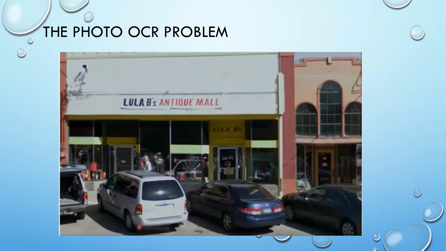So let's talk about the photo OCR problem. With the growth of photographs, our cell phones are able to take a lot of pictures, and everybody takes pictures every day. We have so many pictures.